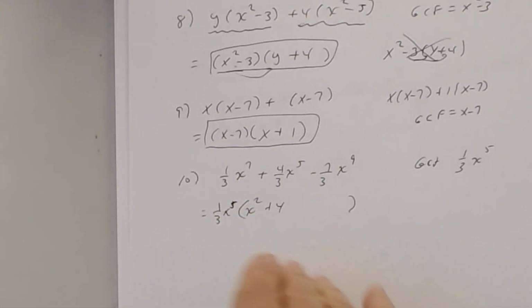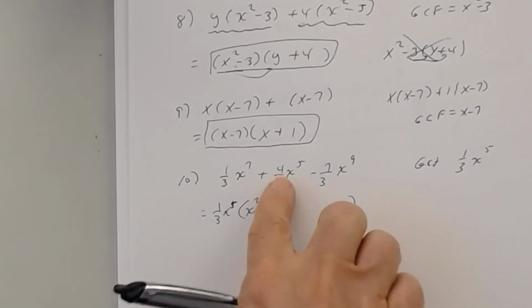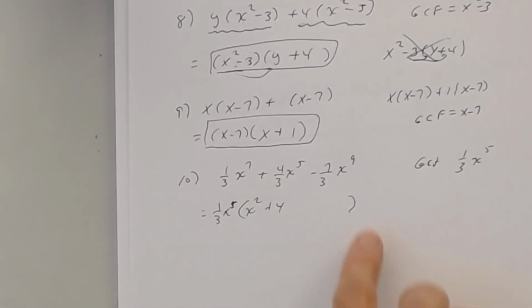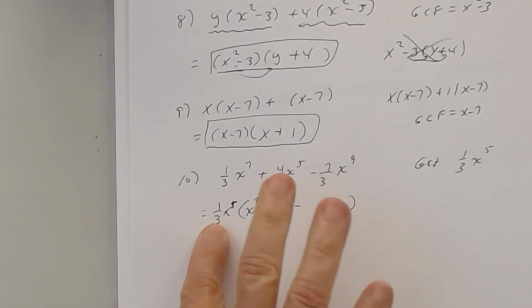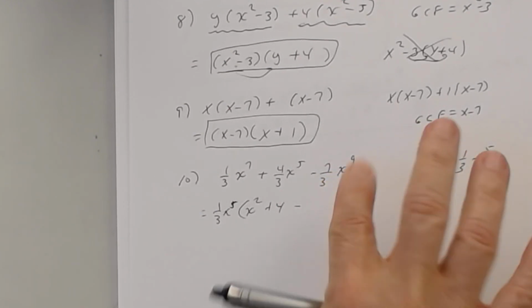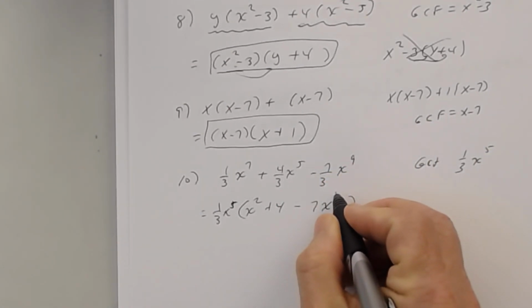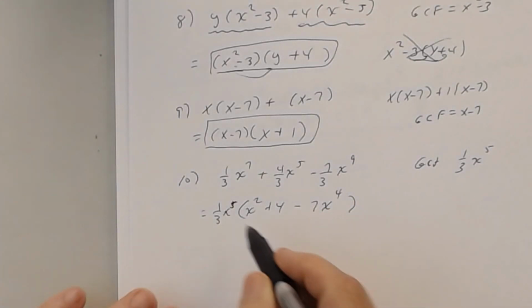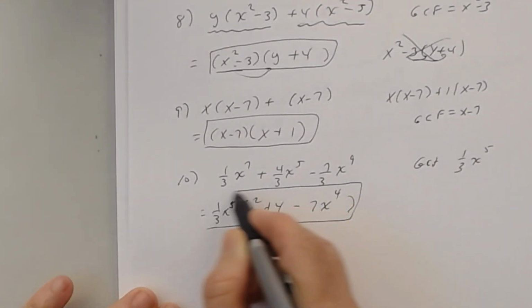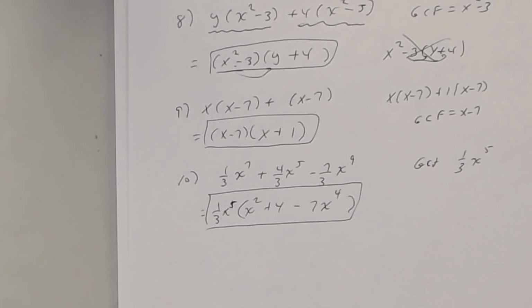Because what's 4 times a third? 4/3, which is what you wanted. Minus, and then 1/3 X to the 5th times what is 7/3 X to the 9th? 7X to the 4th. And there's your answer. That was number 10.